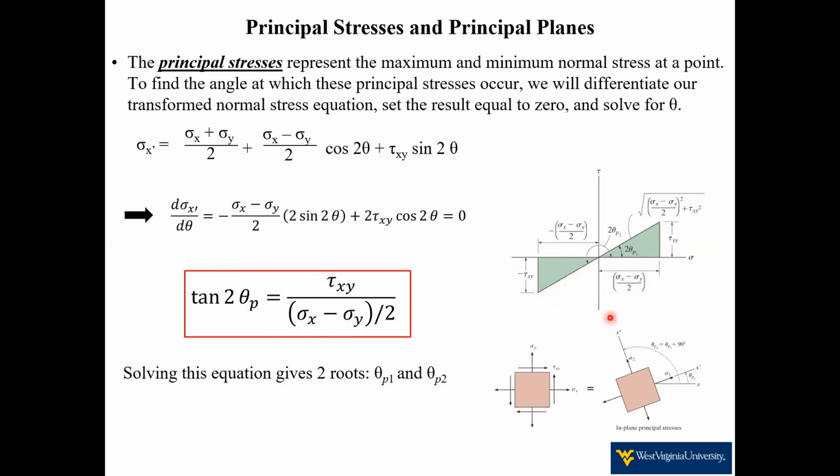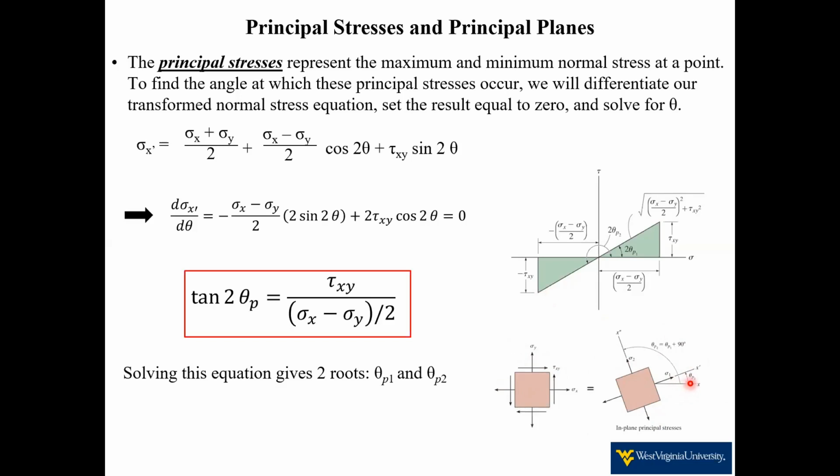But then what we're really doing is transforming our element by theta p1 and theta p2. So this original element with our sigma x, sigma y, tau xy becomes sigma 1 coming out of the x prime and sigma 2 coming out of the y prime faces.